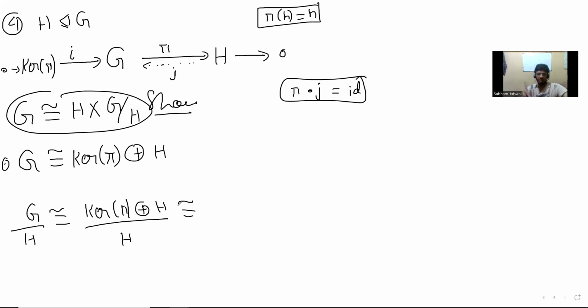There can be some other way, but this can be the kernel of pi. Because it's a direct sum, when you quotient it out, you get the kernel of pi.